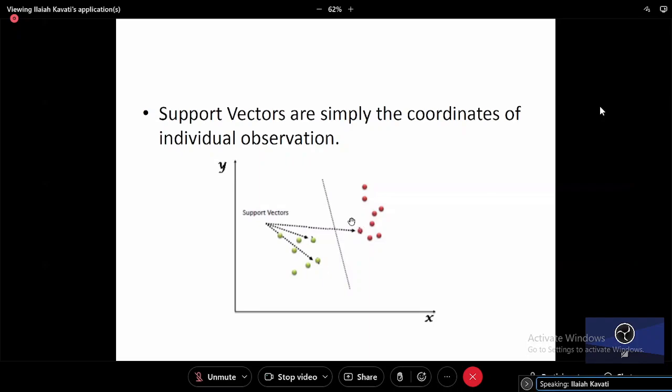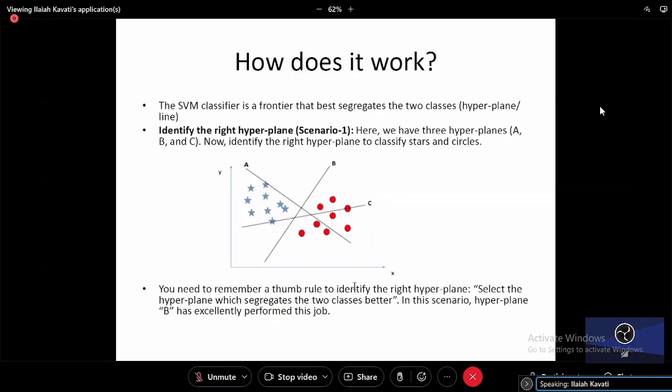Based on the support vectors, we now need to draw the hyperplane. This particular line is called the hyperplane. Now we'll see the different conditions for how to select the right hyperplane and how the SVM will run.